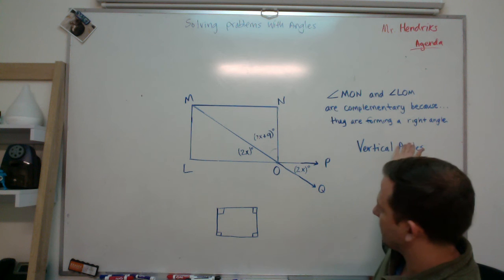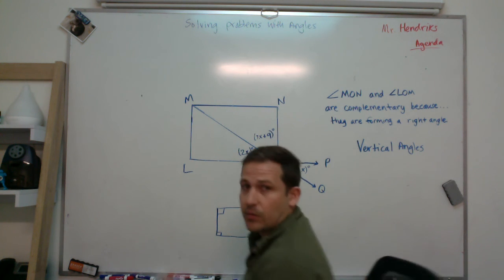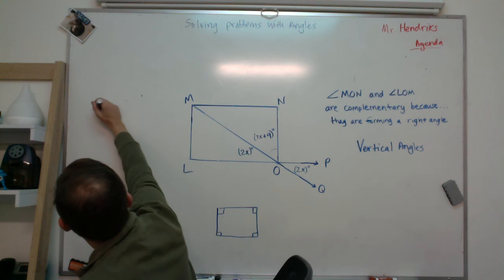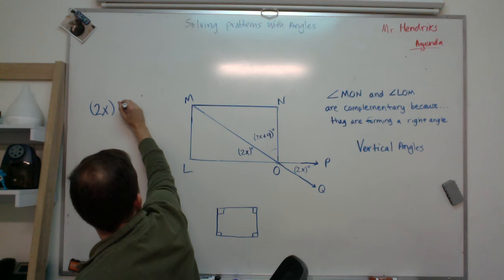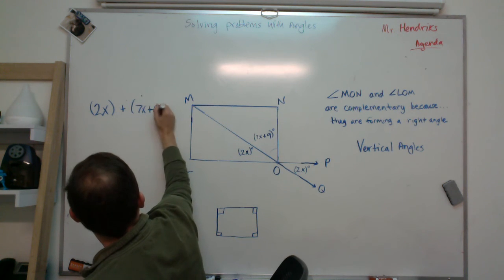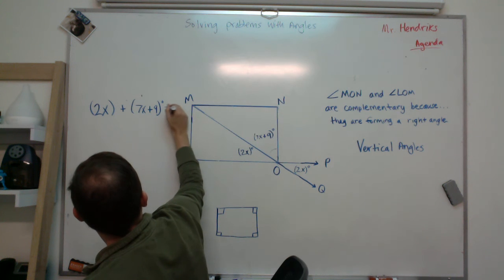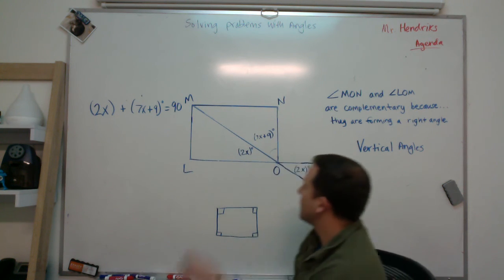Well, this angle plus this angle, as we just discussed, has to be equal to 90 degrees. So I'll come over to this part of the board and write my equation. 2x plus 7x plus 9 equals 90 degrees. Not 180 like last time.